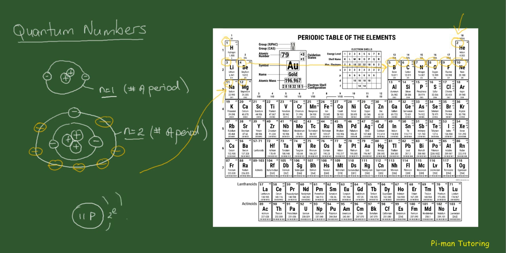The n equals 2, we have 8 electrons. And now we have n equals 3, again with 8 electrons. And that takes us to the configuration for argon, the next noble gas. So for some reason we have different capacities for electrons in these various energy levels.